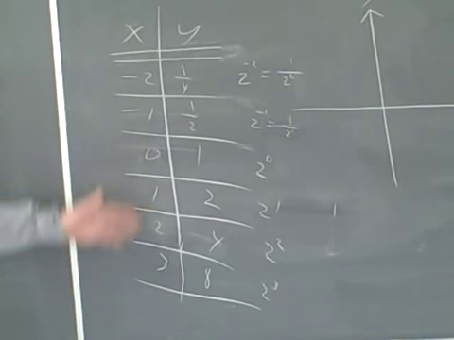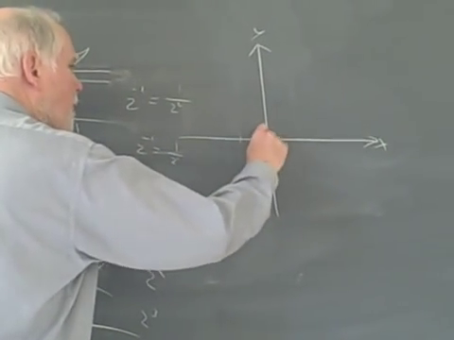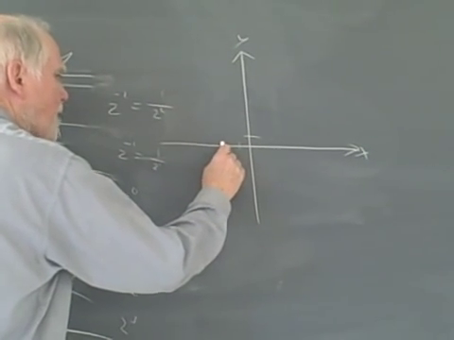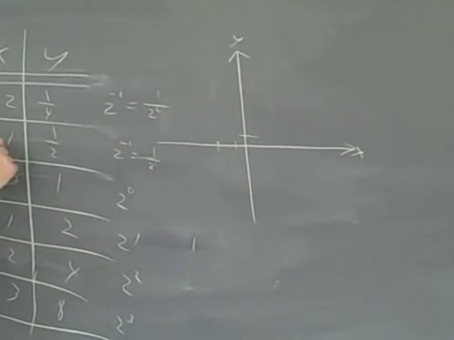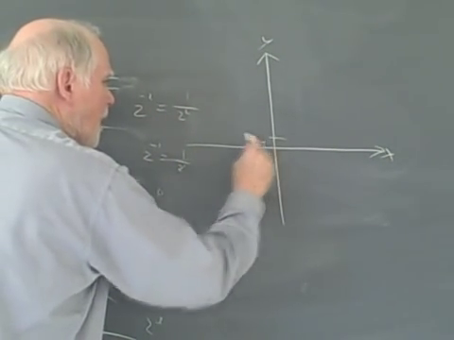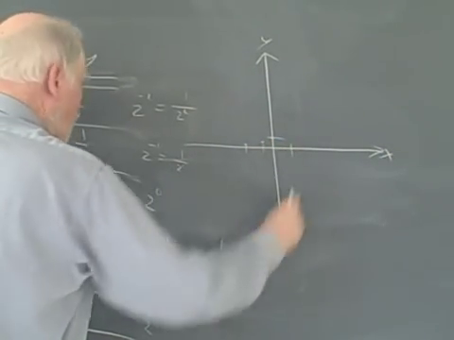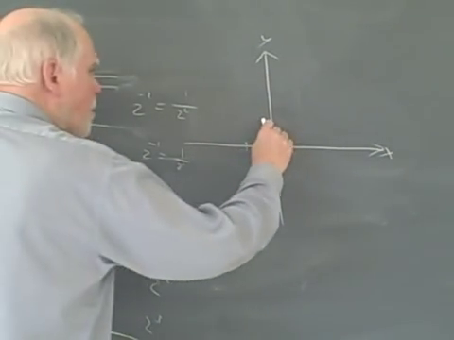Now we've got a lot of points here. So I go out here to negative 2, and I realize I'm way down pretty close to the x-axis there. If I put negative 1 in, I get 1/2. It's getting a little bigger. It's about there. If I put 0 in, I get 1. If I put 1 in, I get 2.